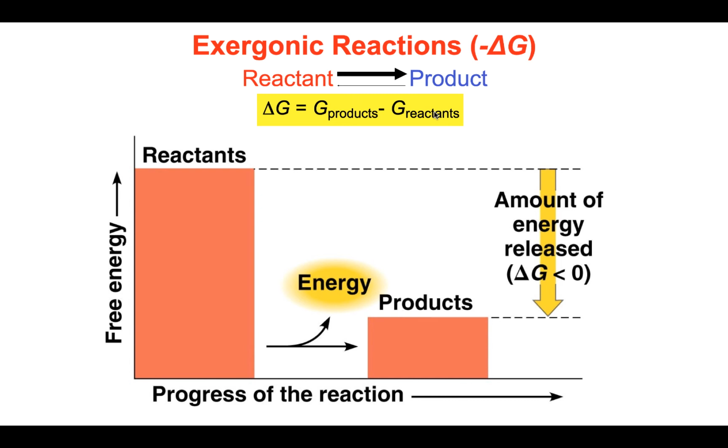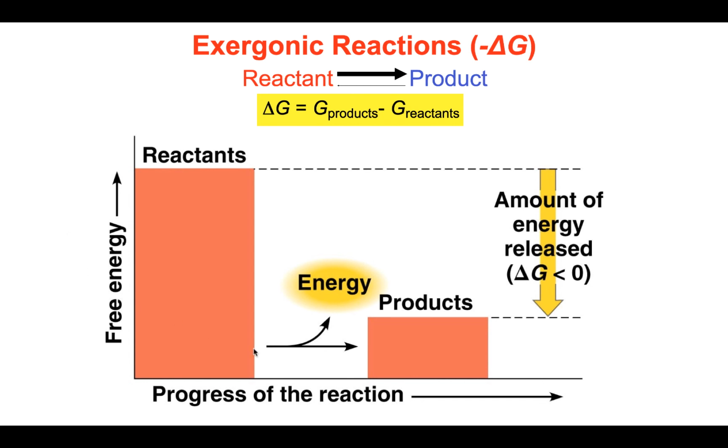So that tells us if the products are lower energy than the reactants, our delta G should be negative. If our product's energy is lower than our reactant's energy, then the delta G, as written here, is going to be negative, and that means a reaction is going to run, and we call that an exergonic reaction.